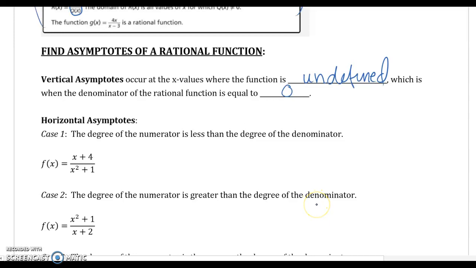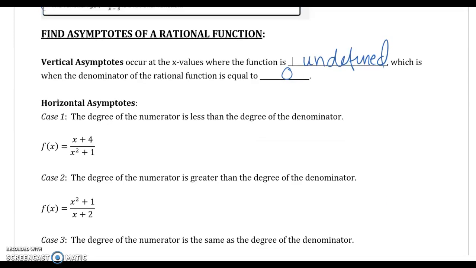So far we've done long division, but that only works if it's a simple enough expression. In this case, we're going to look at the degree of the numerator and the degree of the denominator. The first case is where the degree of the numerator, in this case 1, is less than the degree of the denominator.